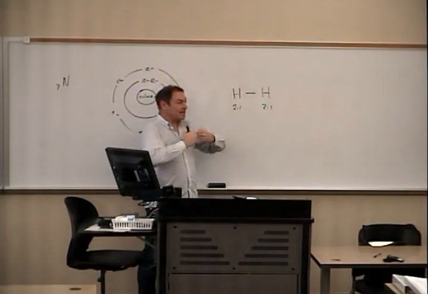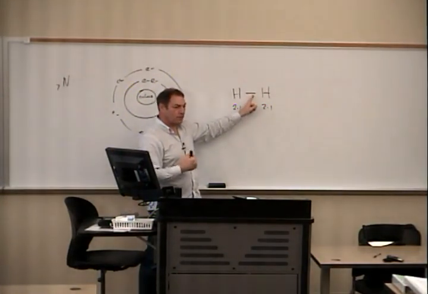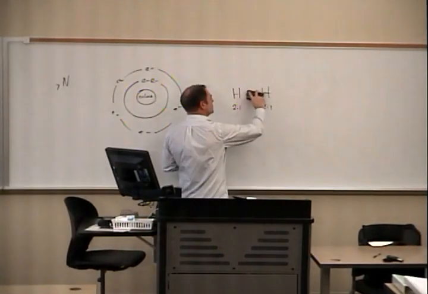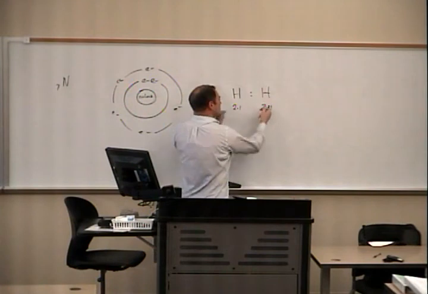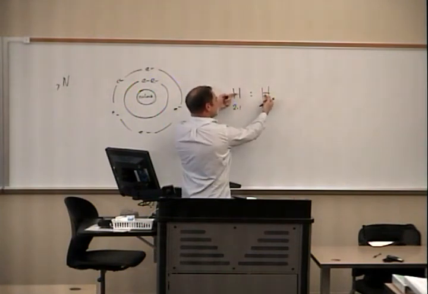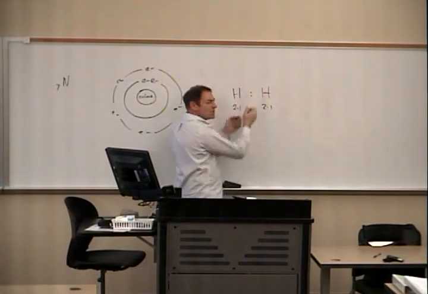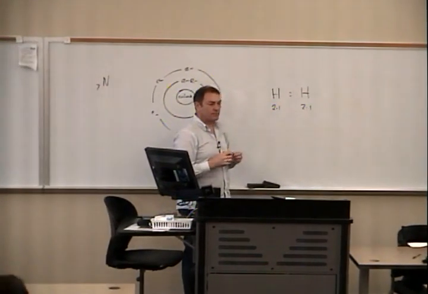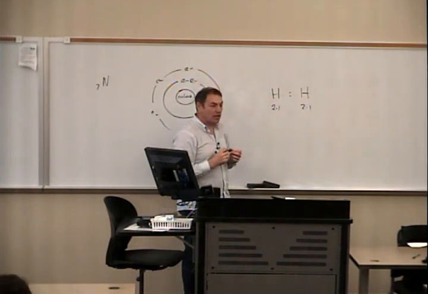They both have an equal pull on these shared electrons, right? So I'm going to change this to the electrons. Because this atom has an equal attraction for these two that this one does, they're shared right in the middle. Is everyone okay with that? And as a result, that's called a non-polar covalent bond.